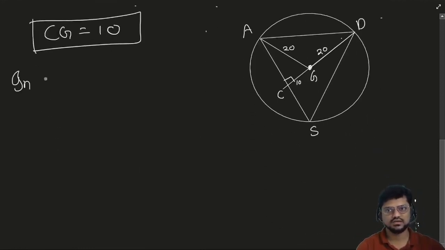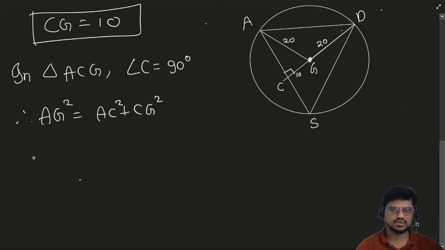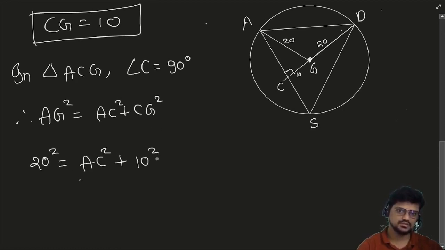So in triangle ACG, angle C is 90 degrees. Therefore, AG square is equal to AC square plus CG square. AG is how much? 20. So 20 square is equal to AC, which I don't know, plus CG, that is 10 square.